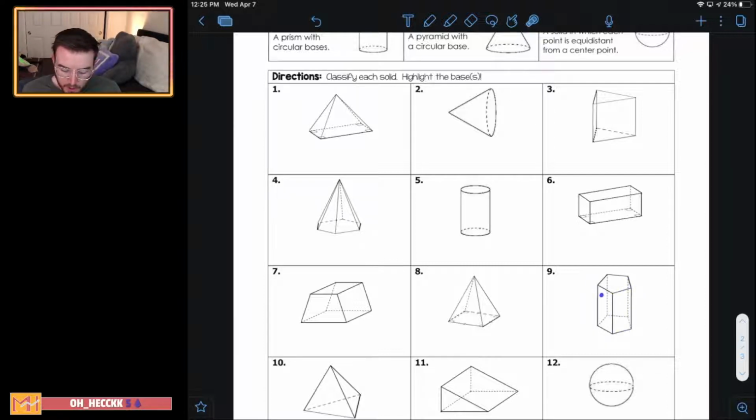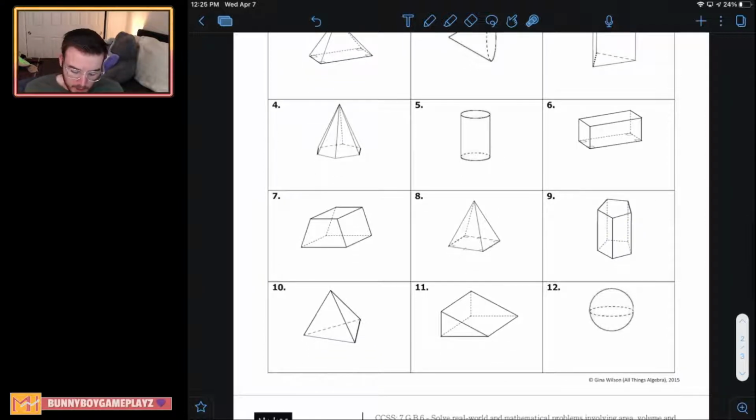So there's 1, 2, 3, 4, 5 lateral faces. This triangle is connected to this triangle, and when you connect them together, you're creating faces: this slanted face, the bottom face, and the face on the side. I hope you see what I'm seeing.